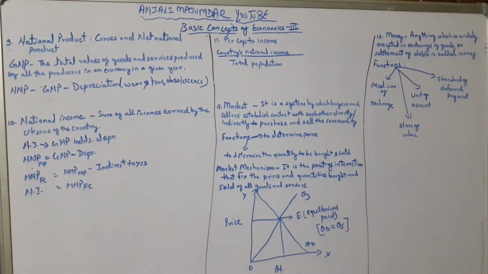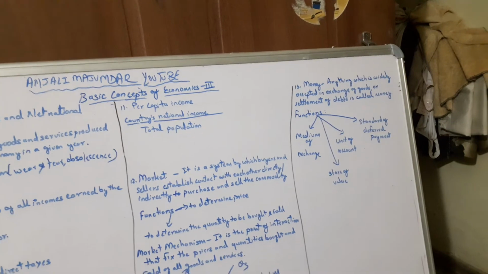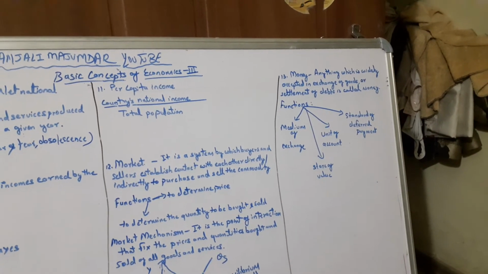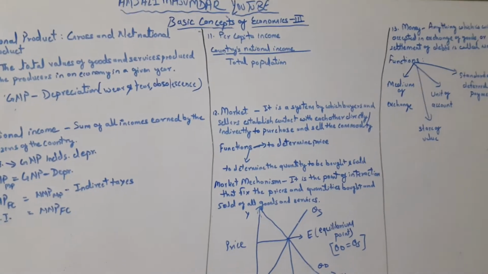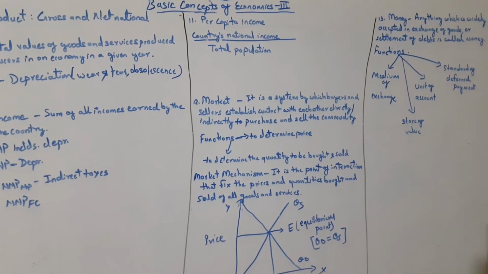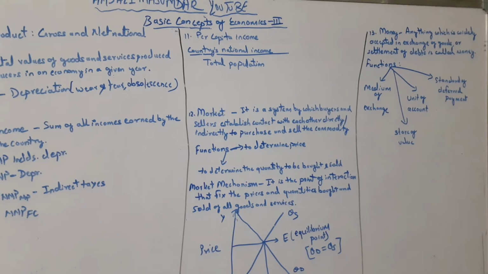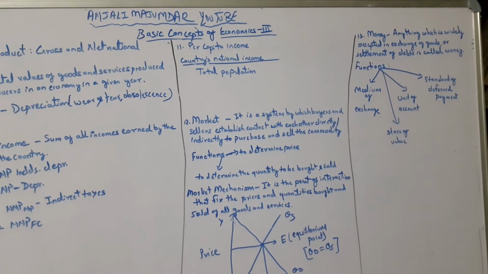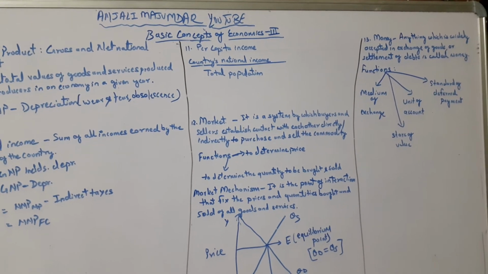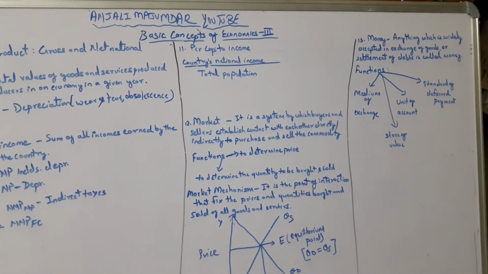Then there is a unit of account. Unit of account says it is very easy to calculate the value of goods in terms of money. For example, cloth can be bought in meters, liquid things in gallons, and for grains you use tons. So these are the units of measurement.